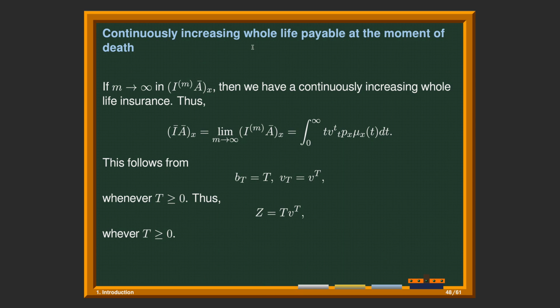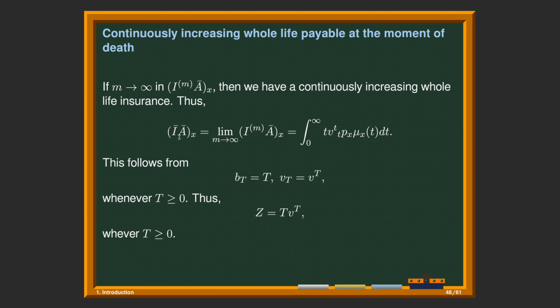Okay? And then we take note of a special case, that is when m in this net single premium approaches infinity. So this now we have what we call a continuously increasing whole life insurance. And that will have this as its representation for its net single premium.